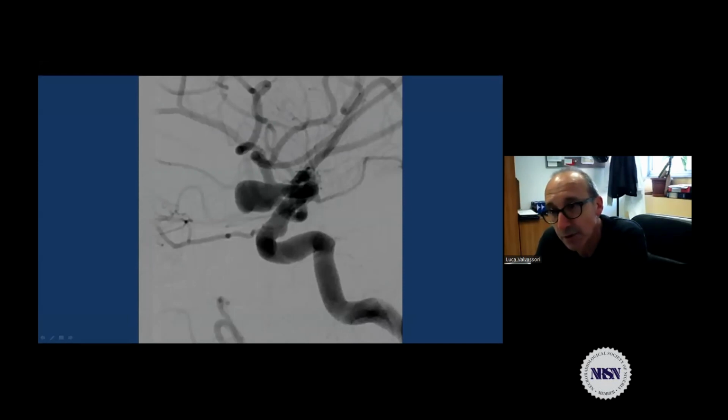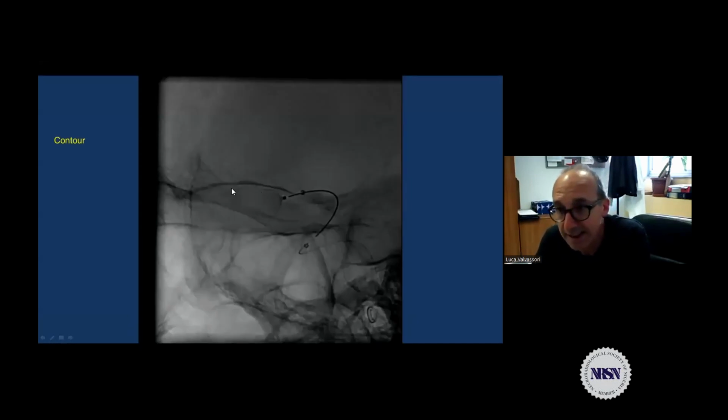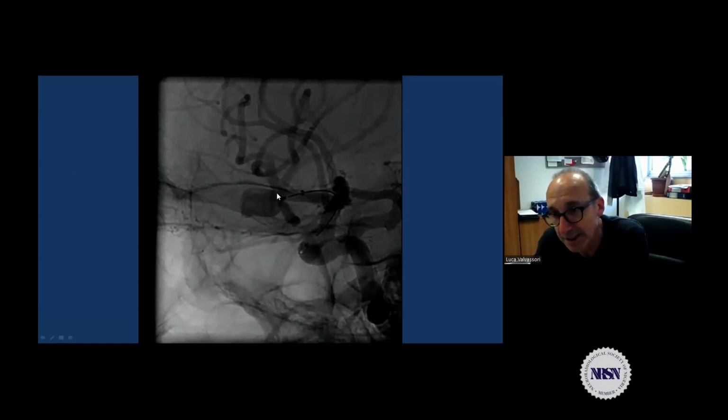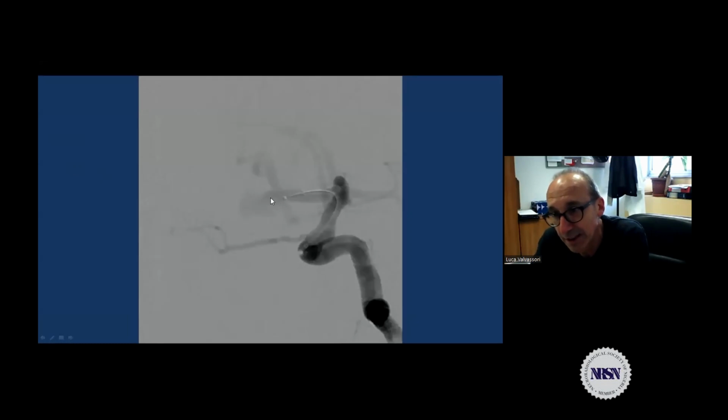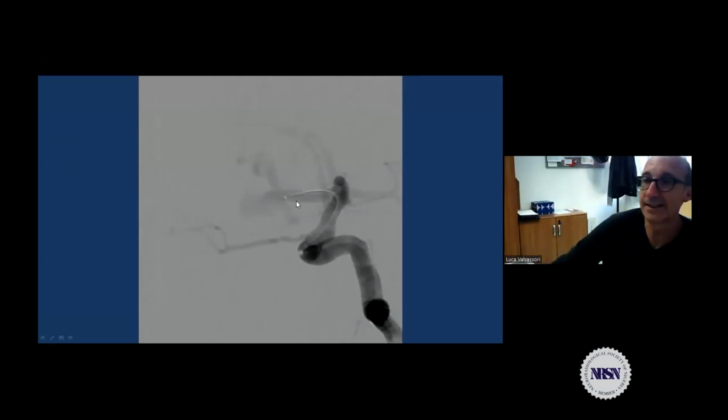device for the treatment of aneurysm. This is an MCA aneurysm like the other one, but on the right side. This is a device called the Contour. It's kind of a cup that you place at the neck of the aneurysm, just in this position, so that you can prevent blood from entering the sac.